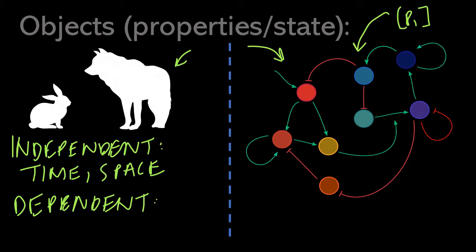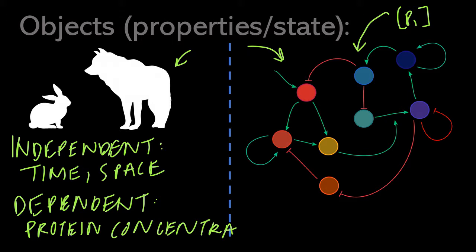So again, examples of dependent variables would be protein concentration, or really any biochemical species concentration. And in the Lotka-Volterra model, you can imagine it could be the number of prey individuals within the population.